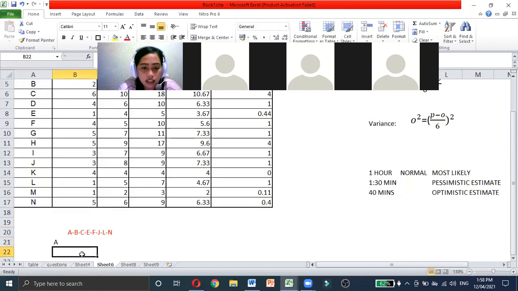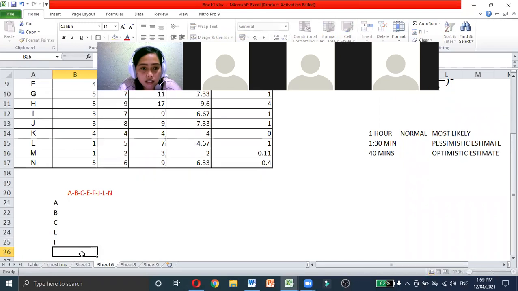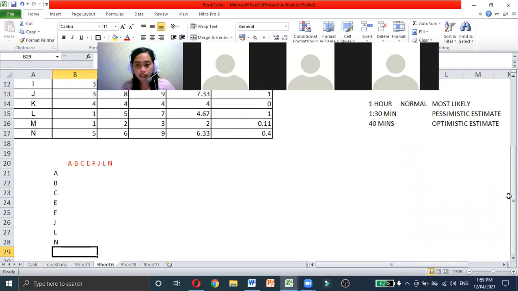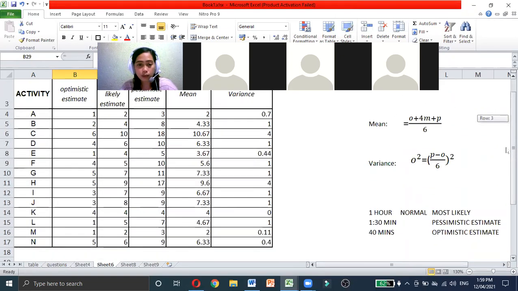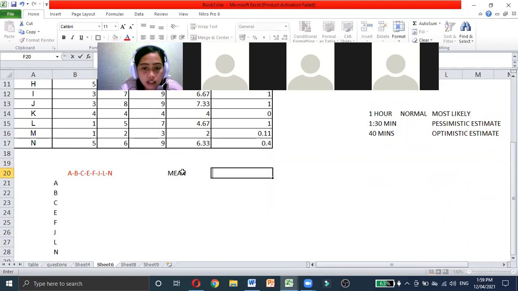A, B, C, E, F, J, L, and N. So we get their mean and then their variance.